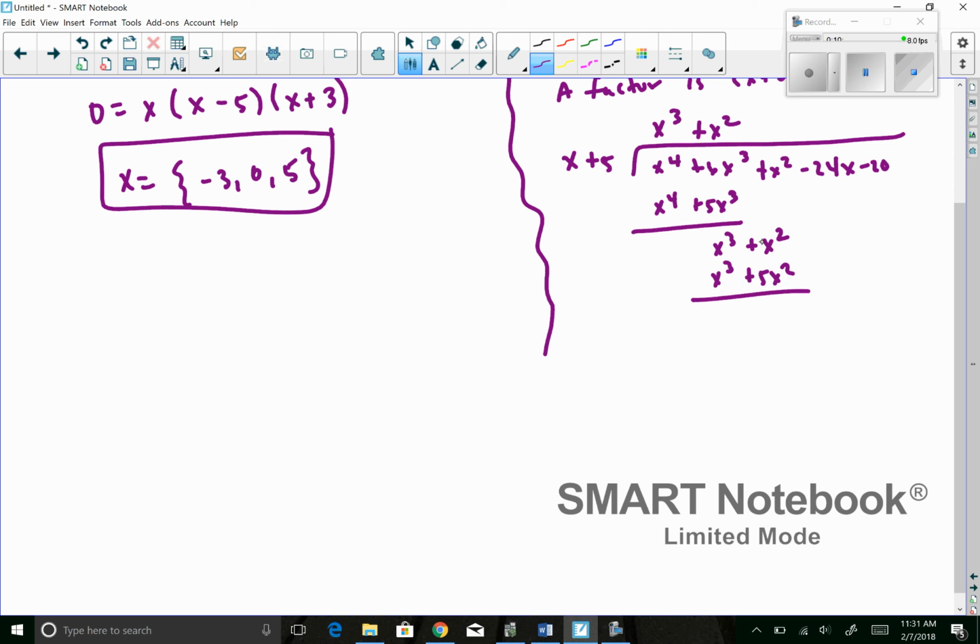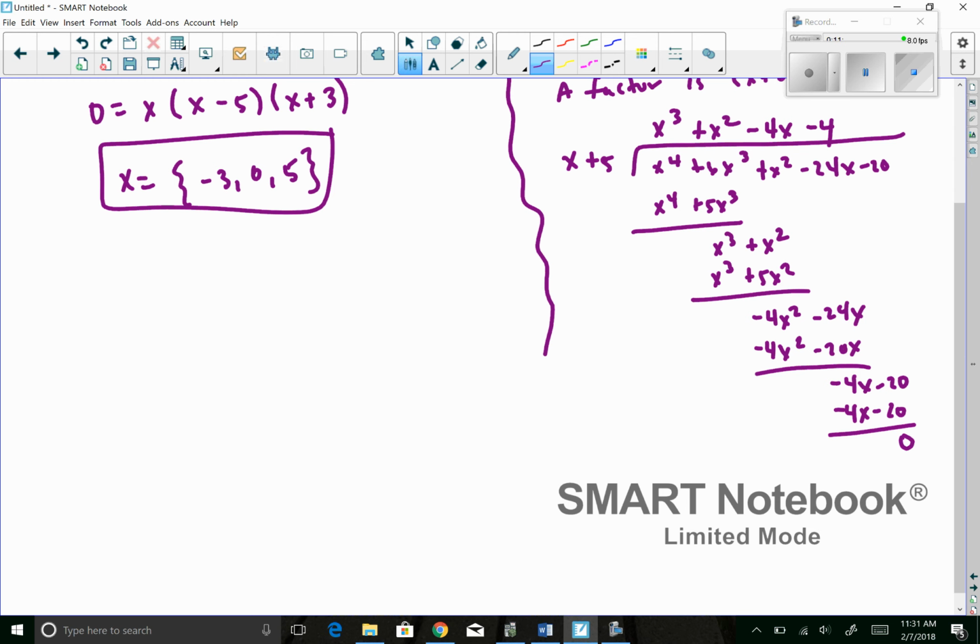I'm going to subtract them, so minus 4x squared, and the negative 24x comes down, so I'll put in a minus 4x. Remember, you're subtracting these, so that gives us negative 4x minus 20, which if we make this negative 4, gives me the same thing twice, so when I subtract, I get a remainder of 0.